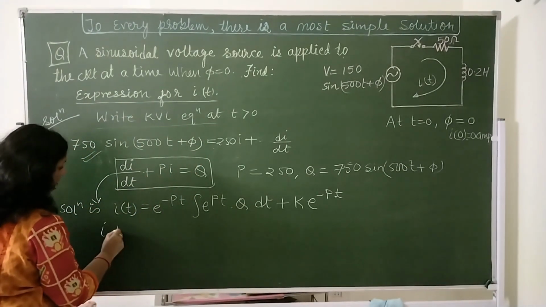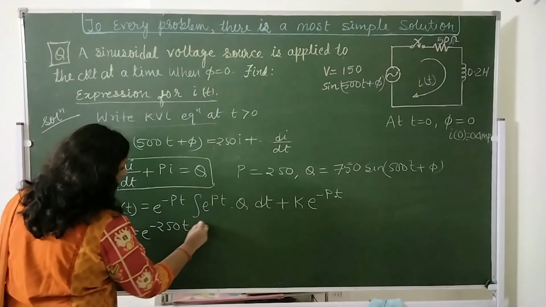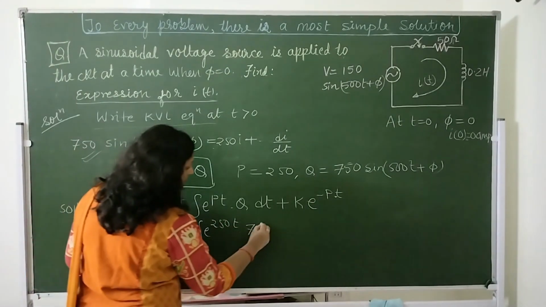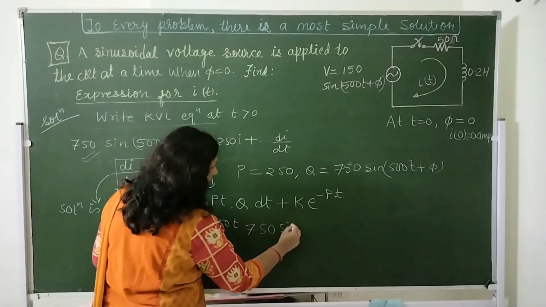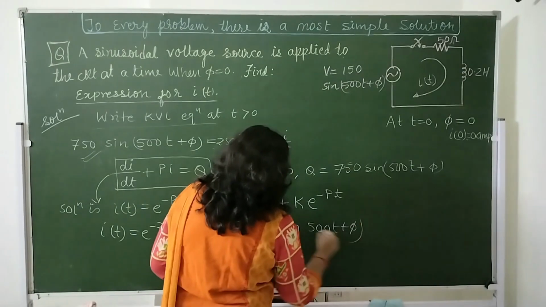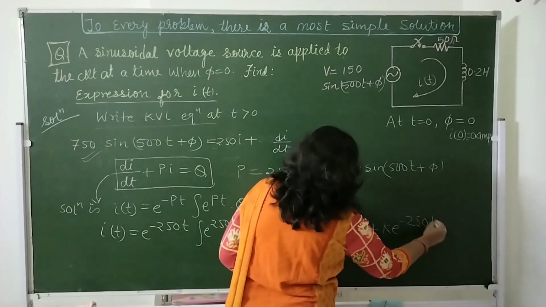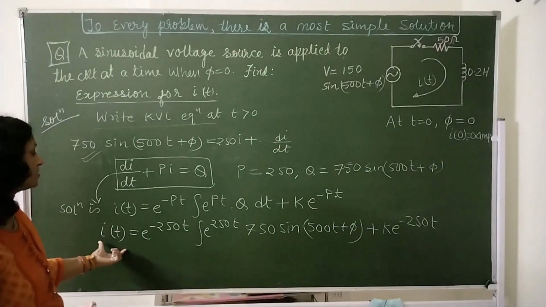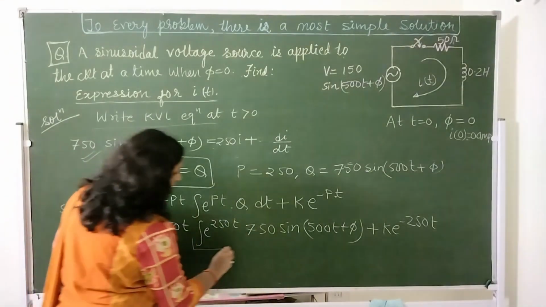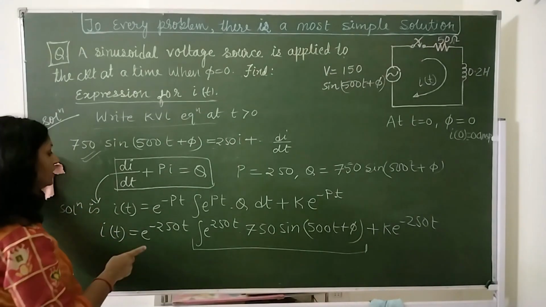So here i(t) is equal to e to the power minus 250t times the integration of e to the power plus 250t, Q is 750 sin(500t plus phi), plus K e to the power minus 250t. So this is our transient current equation. Now we will simplify this by integrating this term.